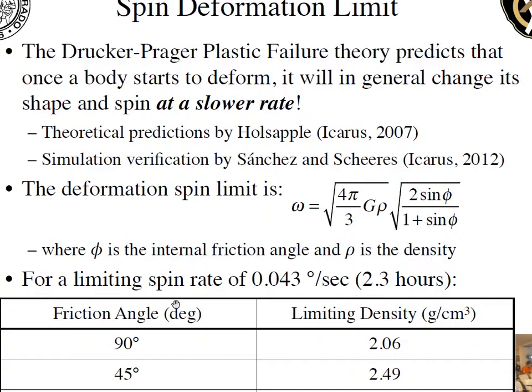This is a theoretical prediction by Holzapfel, something that we simulated in a paper a few years ago. And you can come up with an approximate deformation spin limit, where phi is the internal angle of friction and rho is the density. What you find is that just by controlling the friction angle and the limiting density, you can control when that deformation starts.